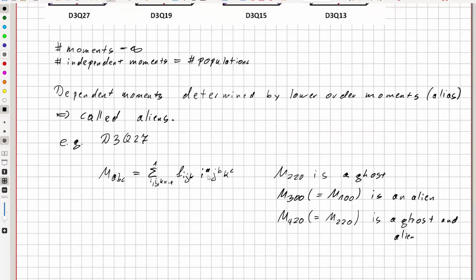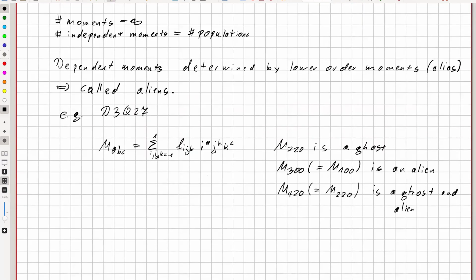So it can be tricky for some lattices to determine what are the independent moments.